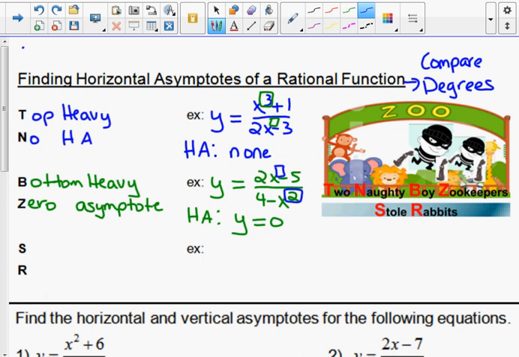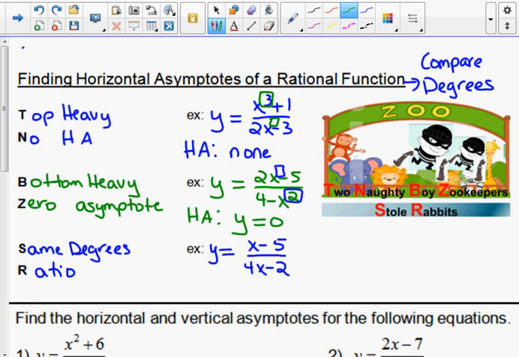Third possibility is that it's not top heavy, it's not bottom heavy, the degrees are the same. So, for example, we have y equals x minus 5 all over 4x minus 2. When this happens, you're going to find your horizontal asymptote by using a ratio. And the ratio comes from what's in front of those leading coefficients.